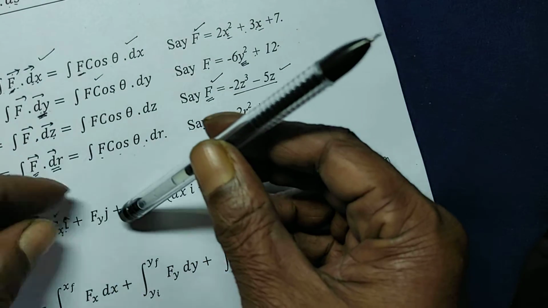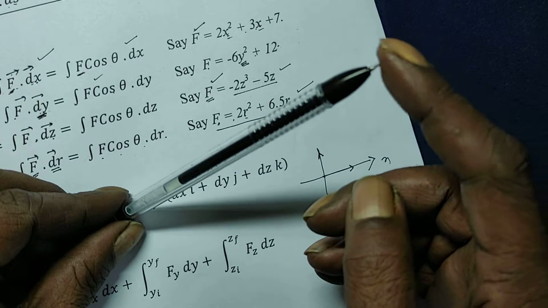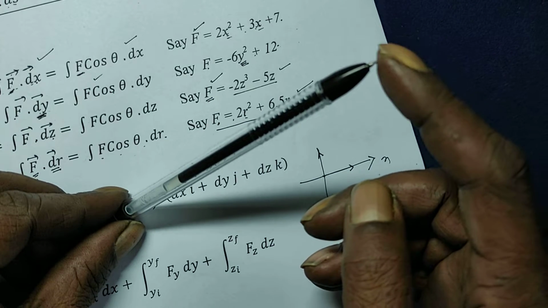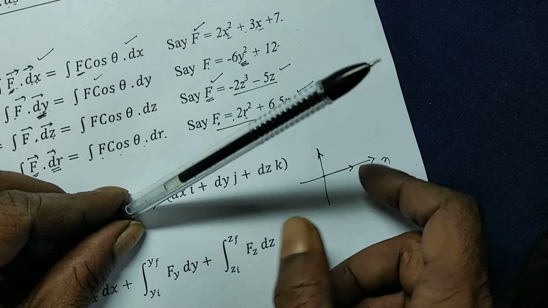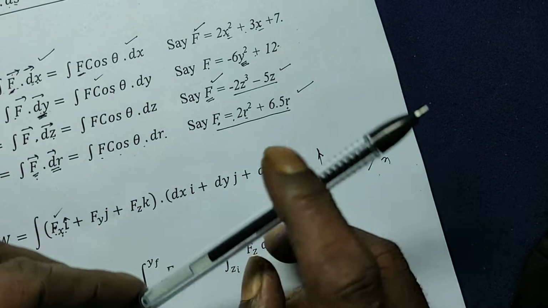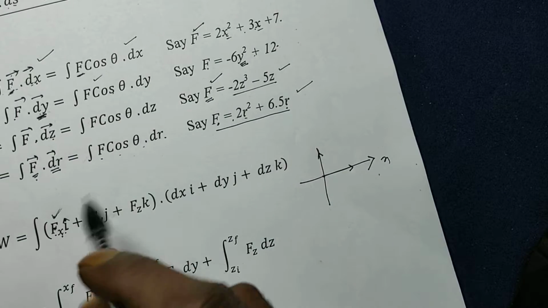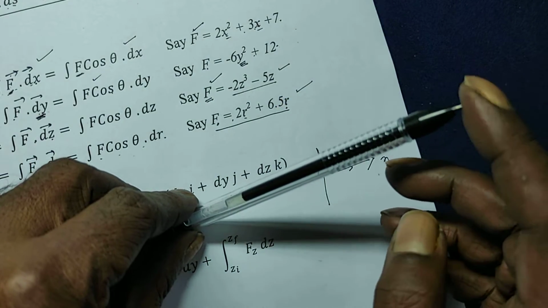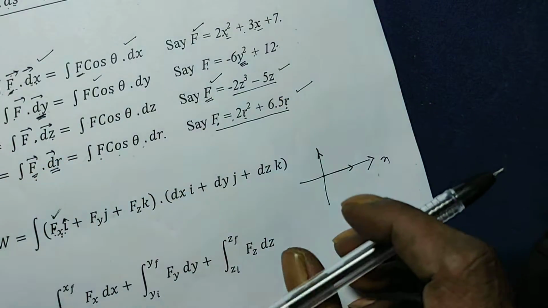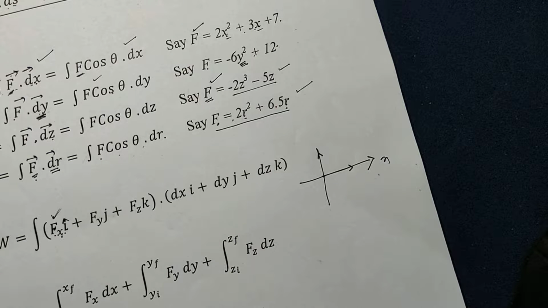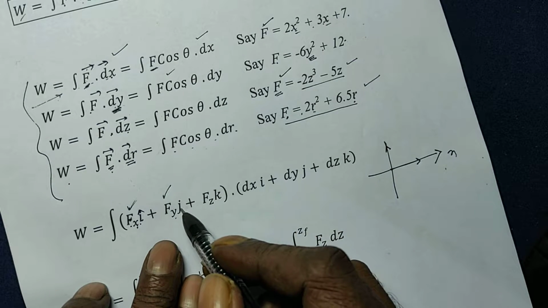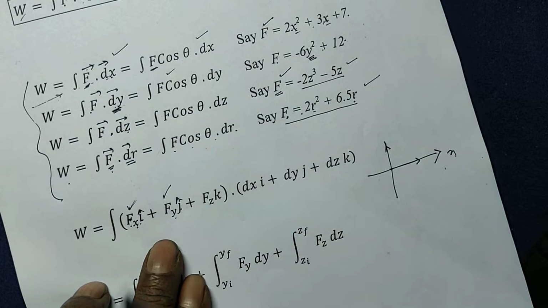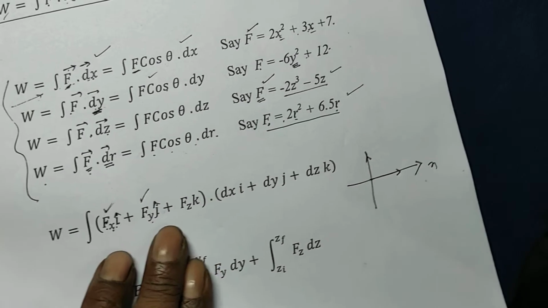Suppose there is a force like this. This is the tip of the force vector. From here, if you drop a perpendicular on the x-axis, that will give you the x component of F, called Fx. From the tip of the force, if you drop a perpendicular on the y-axis, that will give you the value of the force along the y-axis, represented as Fy, and j cap represents a unit vector along the y-axis.